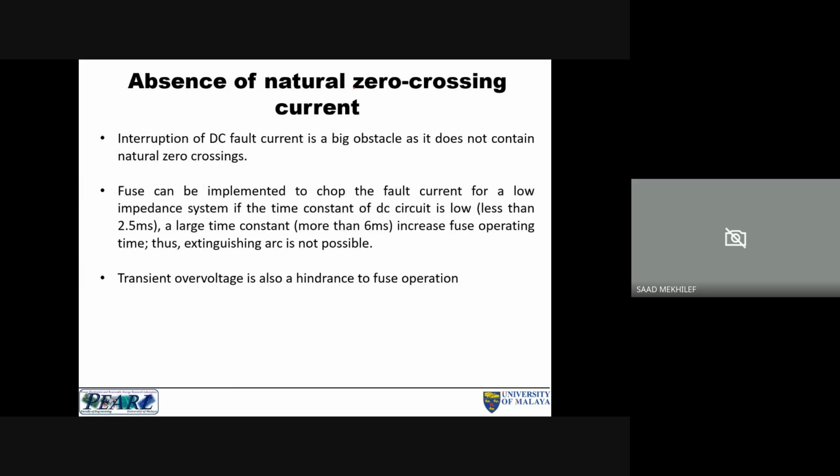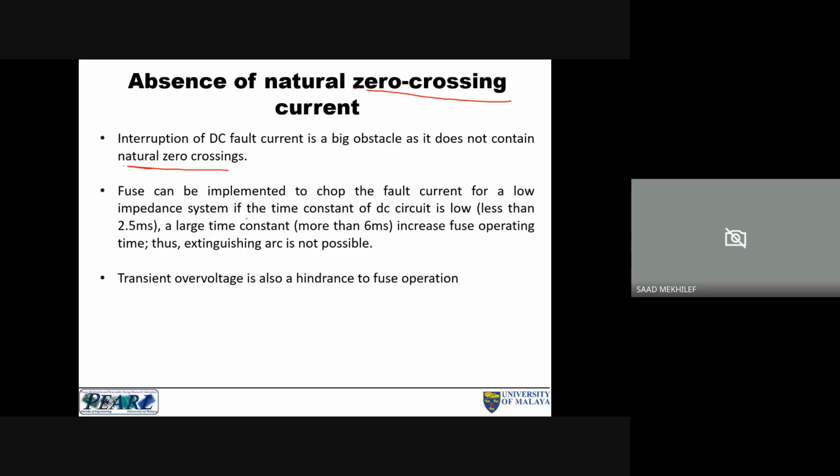I think we also mentioned before the zero crossing. In the absence of a natural zero crossing, DC fault current is a big obstacle, as it does not contain one. Fuses can be implemented to chop the fault current for a low impedance. So this is one of the major issues.